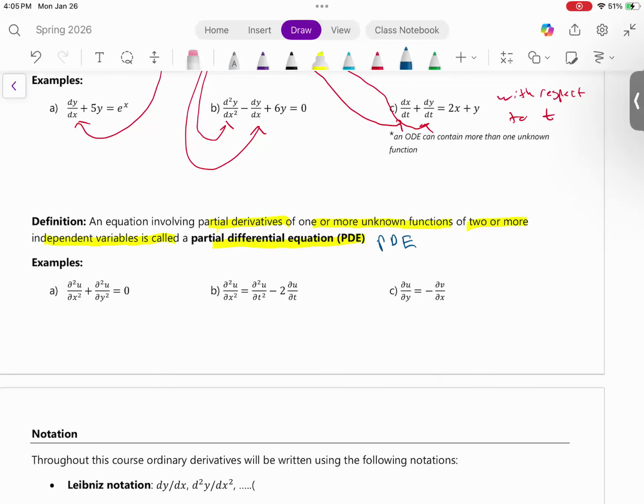And that's when you have derivatives with respect to more than one variable. So if you look at example A, it's d squared u over dx squared plus d squared u over dy squared equals 0. This is more than one independent variable. Okay, we have two independent variables.